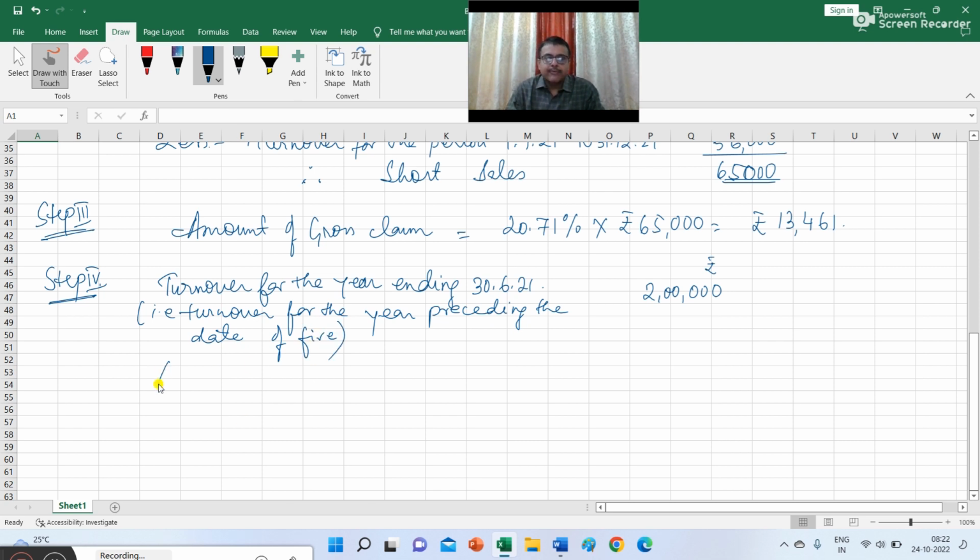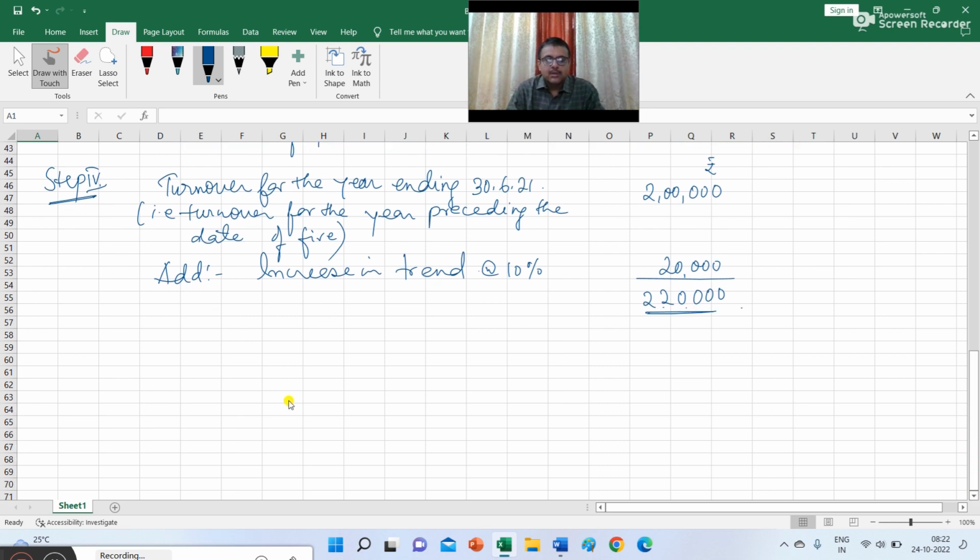Now again we have to add the increase in trend at the rate of 10%. So 10% of 2 lakh is 20,000. So this will be 2,20,000. Now what is the gross profit?